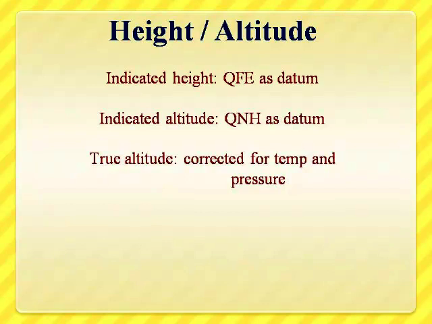But if somebody is talking about indicated altitude, it means that he is talking about the QNH or the mean sea level as the datum. So true altitude is corrected for temperature and pressure.